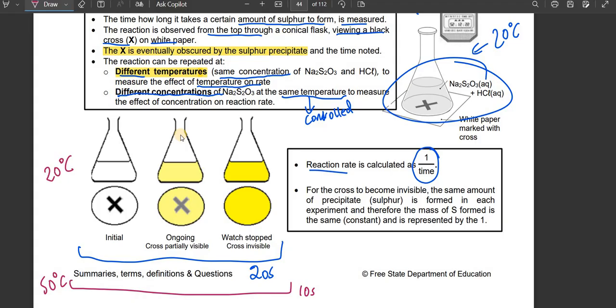You are still forming the same amount of sulfur. It's just that the time of forming the sulfur is different. That's why we use 1 over 20 here, and then here would say 1 over 10. Okay, that's what they are trying to explain there.